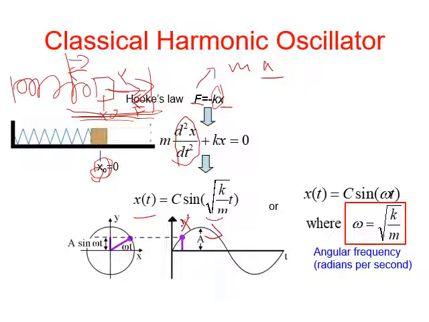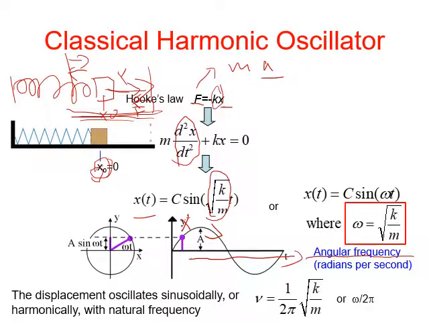This square root of k over m is called the angular frequency, which measures how many radians per second. Divided by 2 pi, this will give you the natural frequency, which measures how many vibrations the spring undergoes every second.